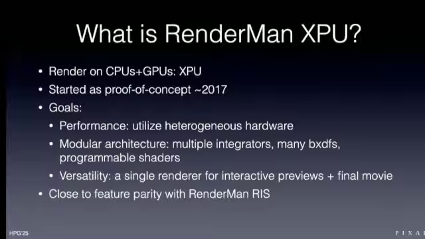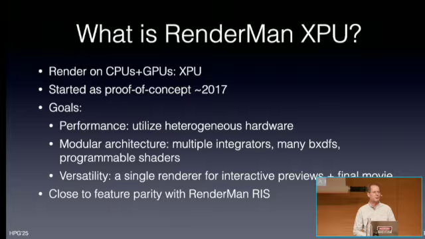Now for RenderMan XPU. Well, the reason we call it XPU, first of all, is that it renders on CPUs and GPUs, hence XPU. It started as a proof of concept all the way back in 2017, and we've been working on improving it ever since. The goals are mostly three. We want performance, so we want to utilize heterogeneous hardware, CPUs and GPUs.